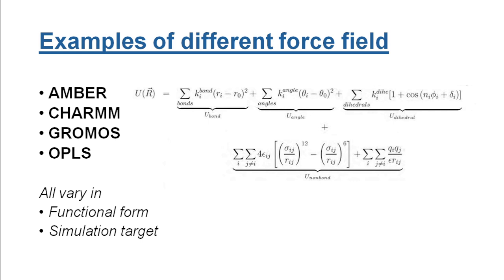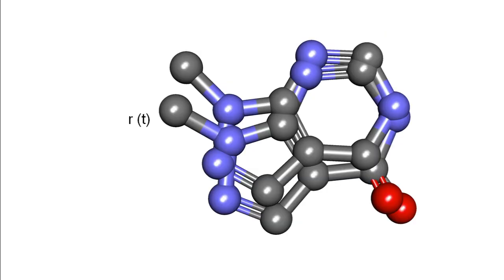Now this potential energy is converted into the force which acts on each atom. Suppose we are trying to simulate this organic molecule, and this organic molecule contains 10 atoms. The position of this carbon atom is r at time t. That means suppose now the time is 1 nanosecond and r is the position or coordinate of this carbon atom.